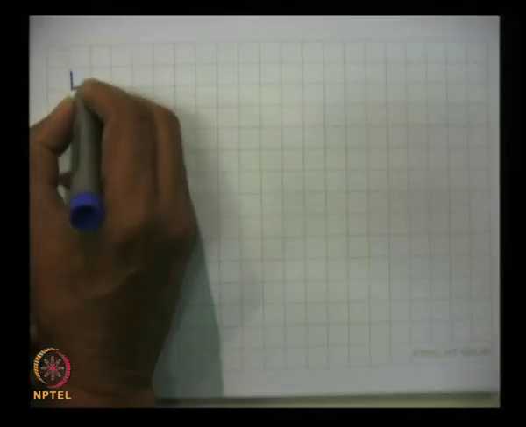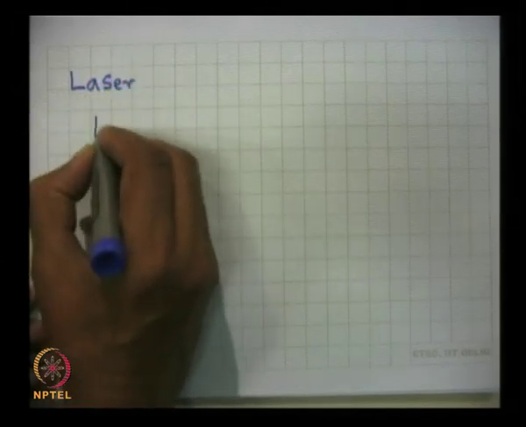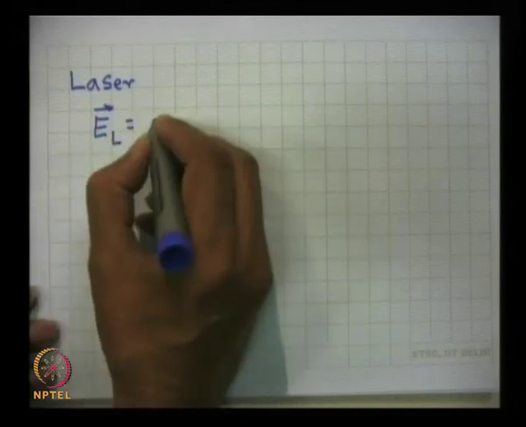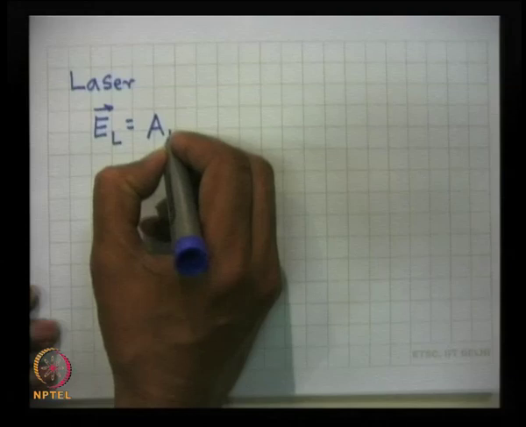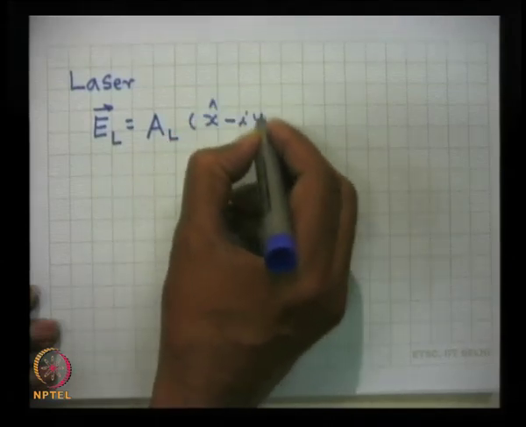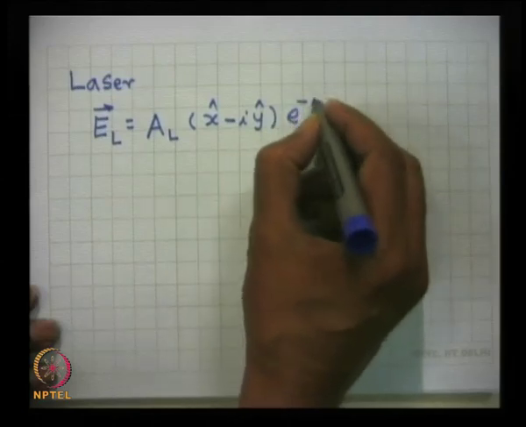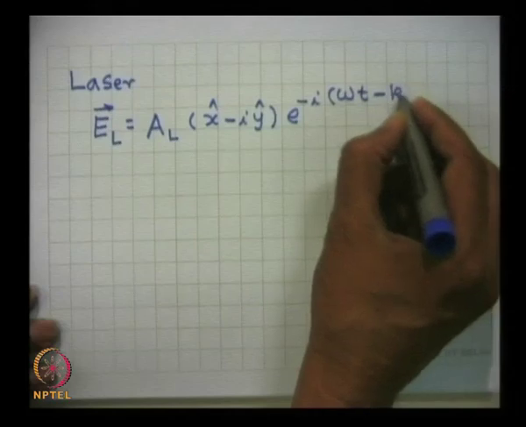So, the laser field was something like E_L, which was left circularly polarized, (x minus i y) exponential minus i (omega t minus kz).